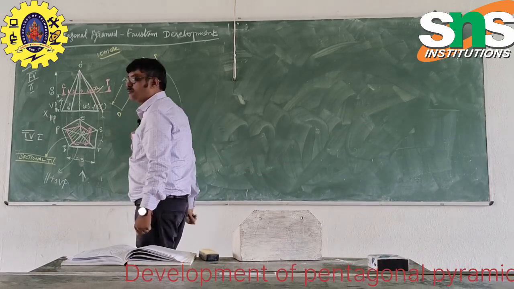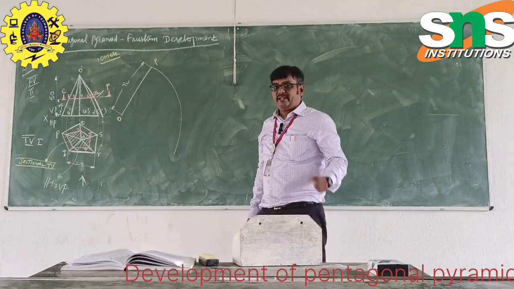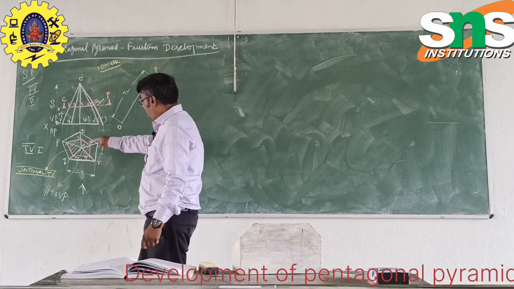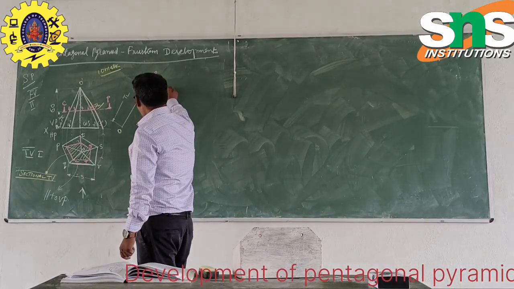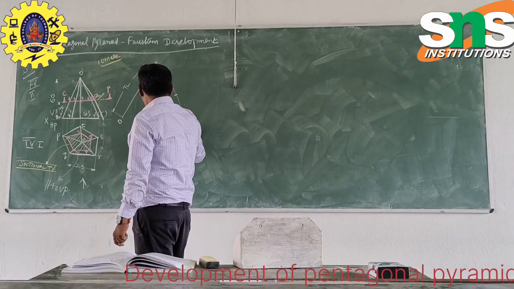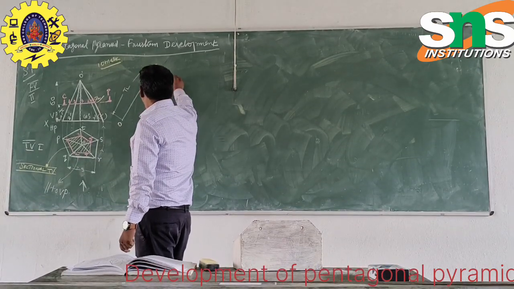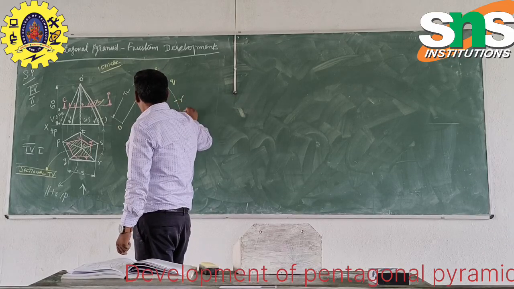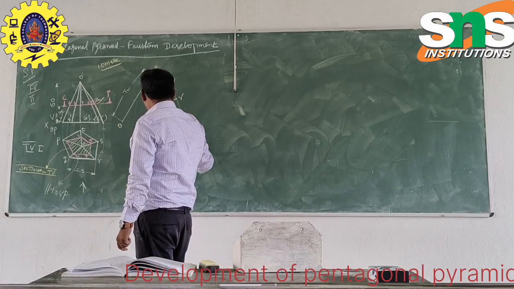This is supposed to be the apex O. Now take your compass, measure this 25 and mark 25, 1, 2, 3, 4, 5. So this is Q, this is R, S, T, again P.